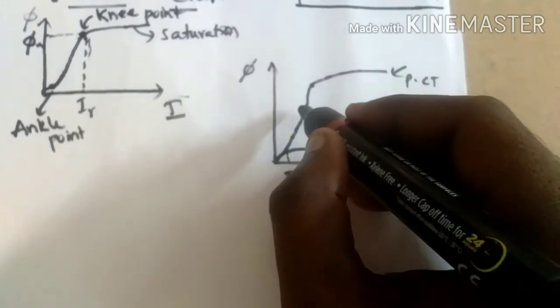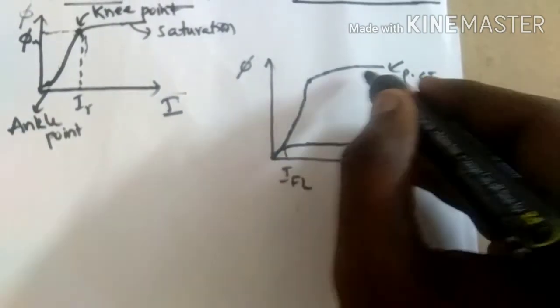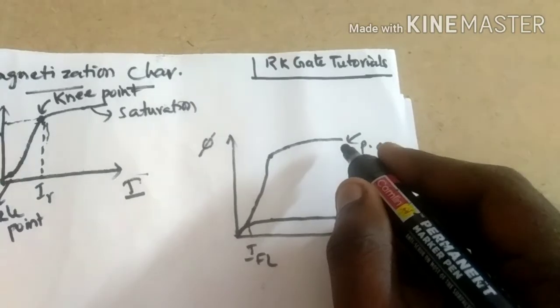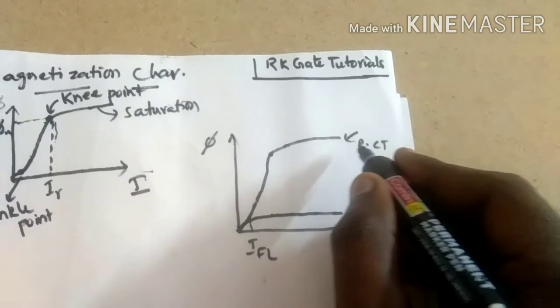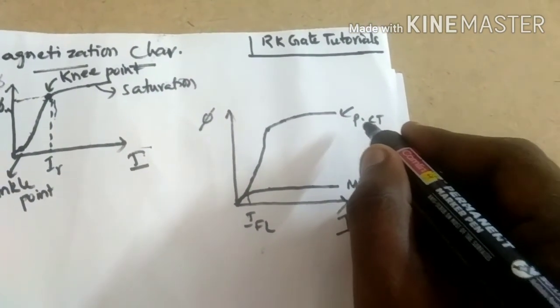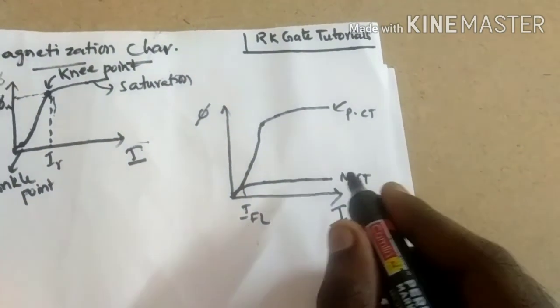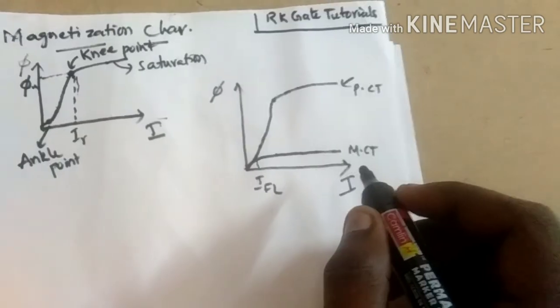So the protection CT must read more than this full load current. This is the curve of the protection current transformer, and this is the curve of the measuring current transformer. So make a note of this. This is an important one.